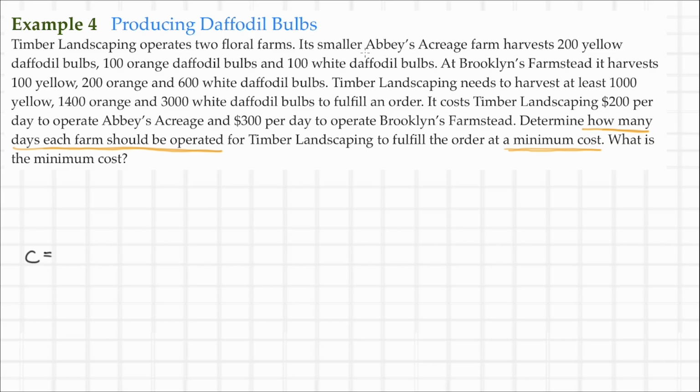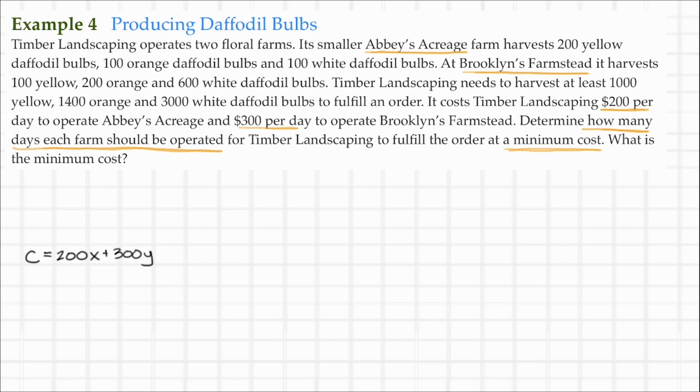If we label Abby's Acreage as X and Brooklyn's Farmstead as Y, it costs $200 per day to operate Abby's Acreage and $300 per day to operate Brooklyn's Farmstead. So 200x, x being Abby's Acreage, plus 300y, y being Brooklyn's Farmstead, is our objective function for this problem.